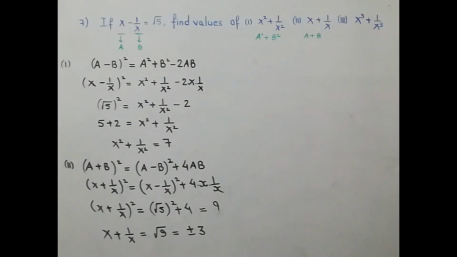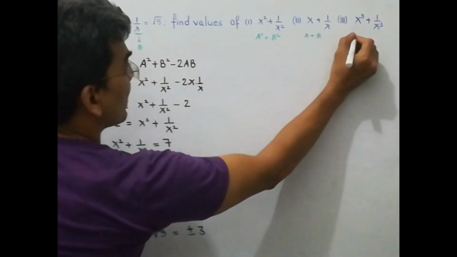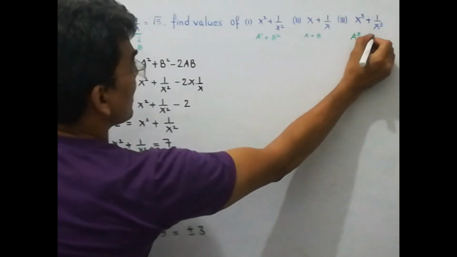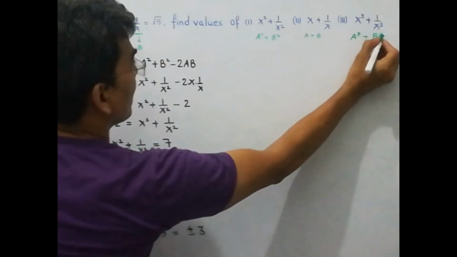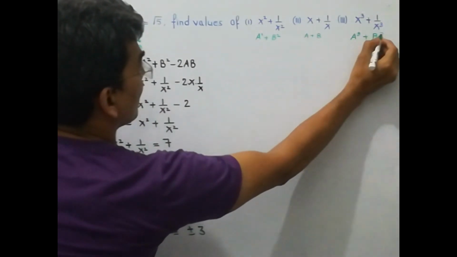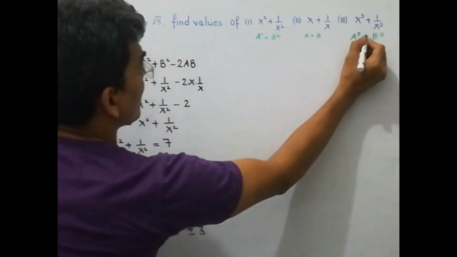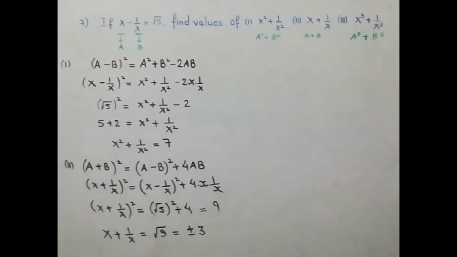See here, whenever in the cube case, this is your a cube plus b cube, and there is a plus sign. So for a cube plus b cube, you will be applying the formula of whole cube on a plus b. If it was a cube minus b cube, then you would have applied the formula of whole cube on a minus b.